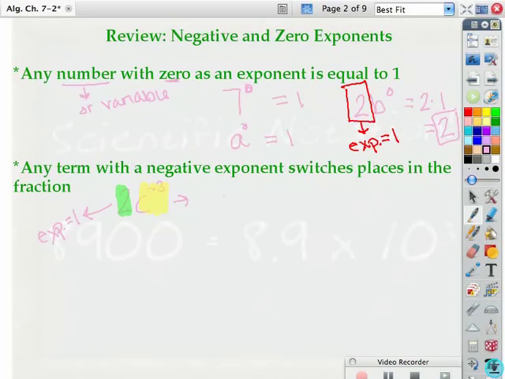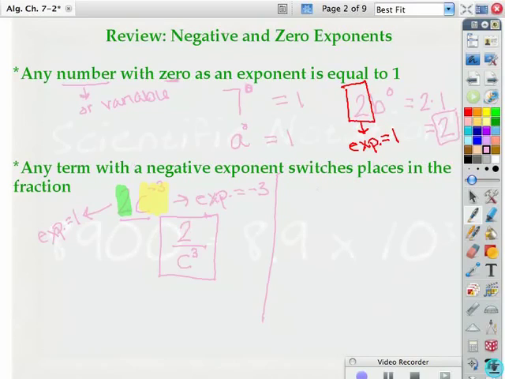The exponent for c is negative 3. Since c is the only one with a negative exponent, it moves to the bottom of a fraction, so you do the reciprocal. So 2 stays in the top, and c moves to the bottom where the 3 then becomes positive. So this would be our fully simplified version of our original problem.